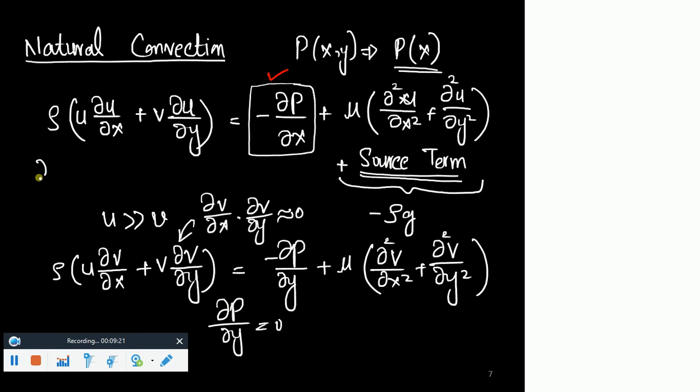So partial p by partial x should be equal to partial p infinity by partial x, and that is equal to minus rho infinity g. Let's plug this value back into the previous equation.